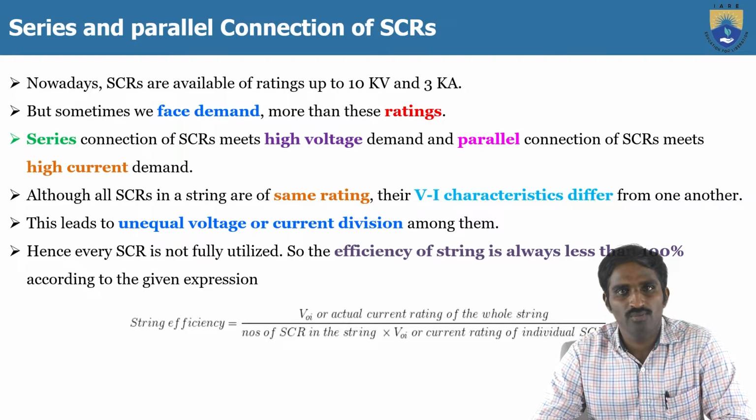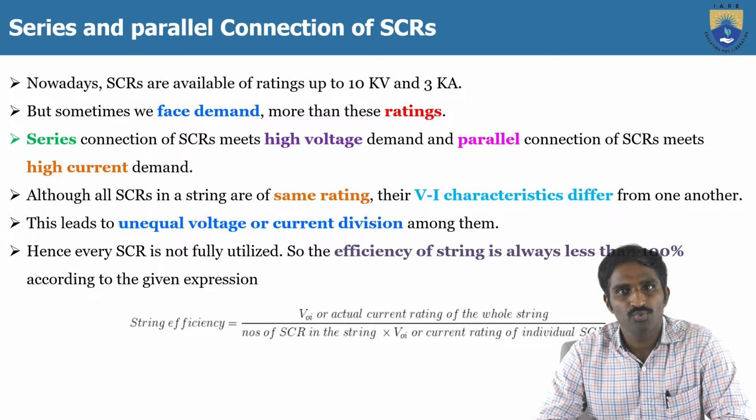The formula is the actual voltage rating of the whole string divided by the number of SCRs in the string times the voltage rating of an individual SCR.